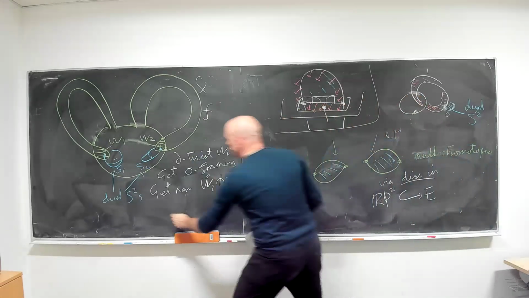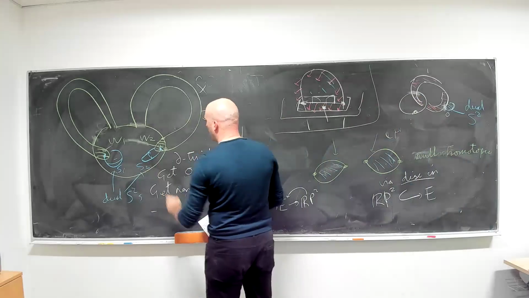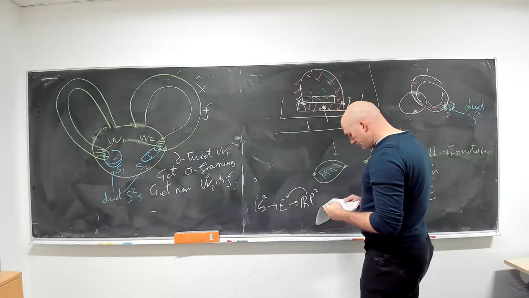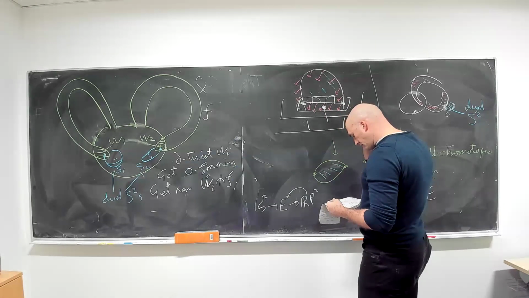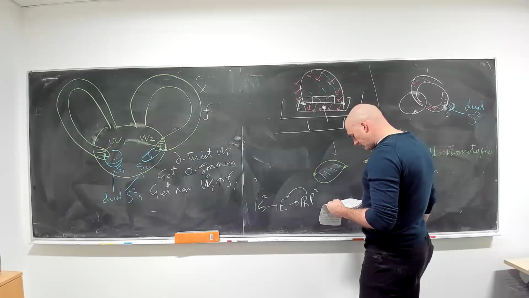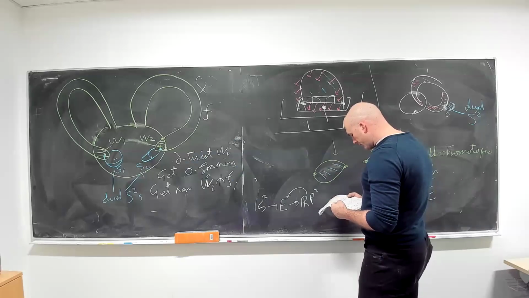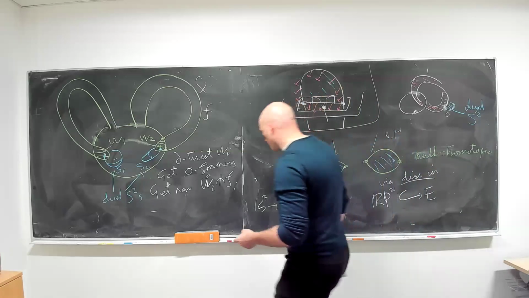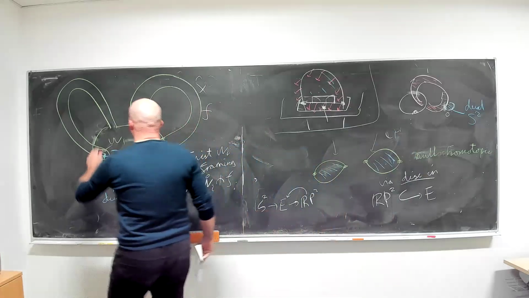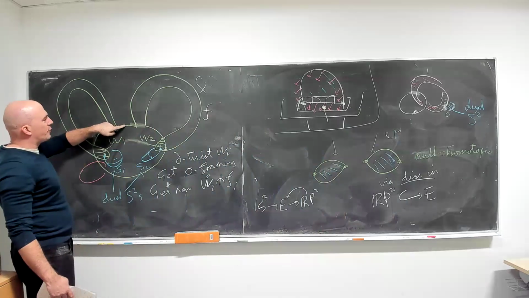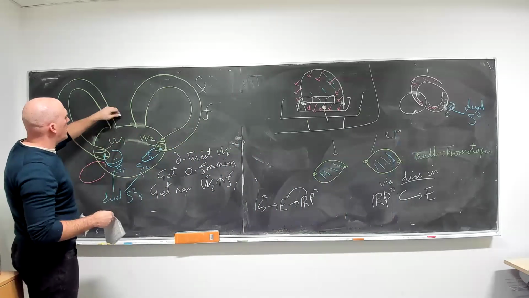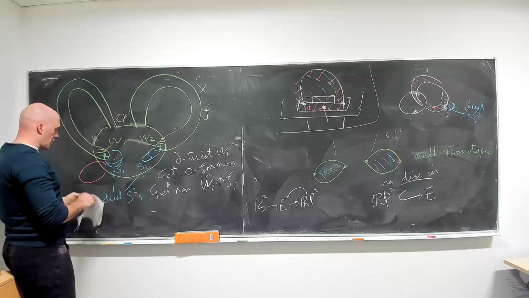So that's bad, but there's one more bit of data that this thing had: it came from the CP1, and CP1 has framing +1, which means that it also has a dual sphere.